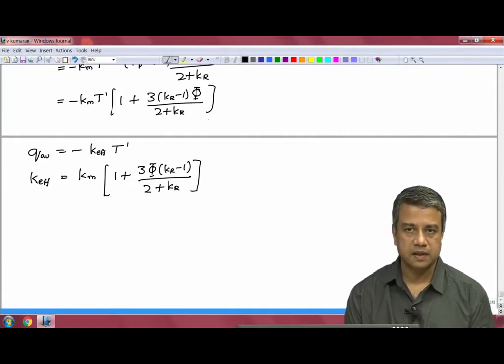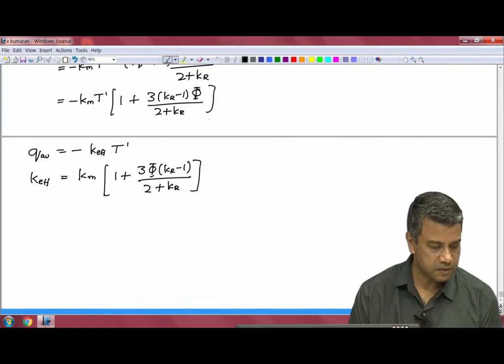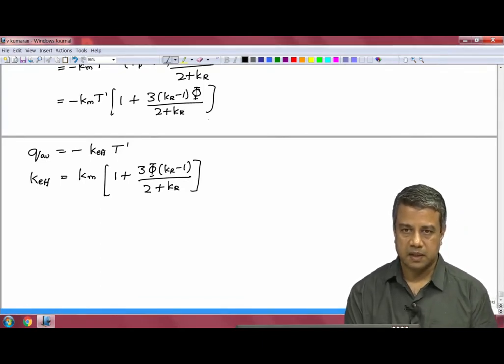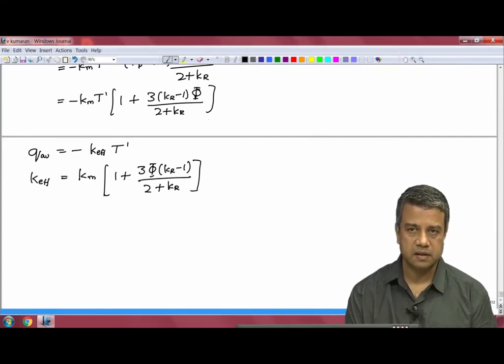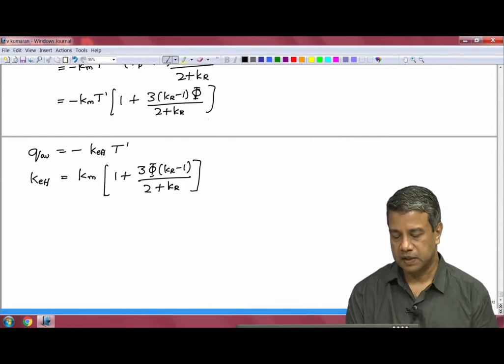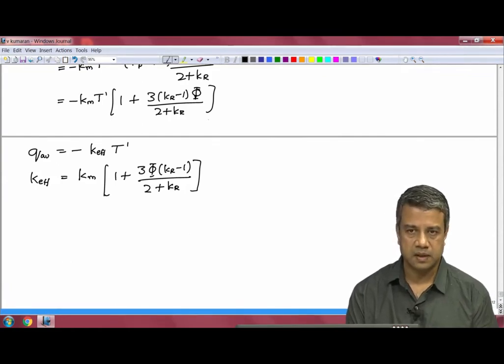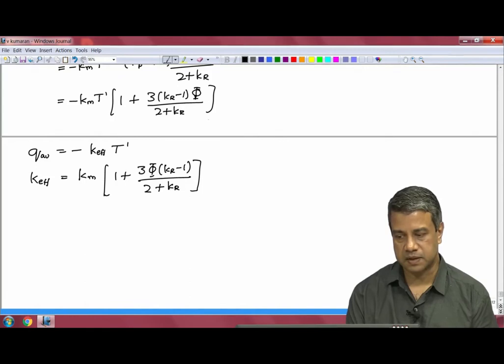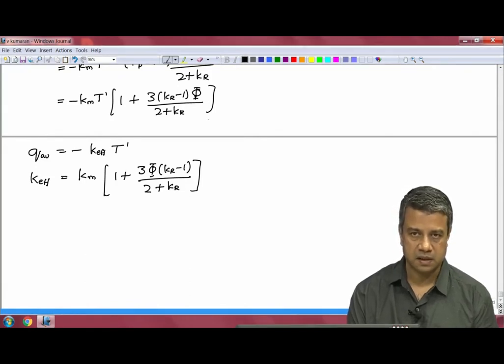So, this is the final expression for thermal conductivity, and to summarize the procedure that we had used, we had a composite made of a matrix and spherical particles of radius r, in the dilute limit, where the disturbance due to particles did not influence the temperature around a neighboring particle, because the distance is sufficiently large.